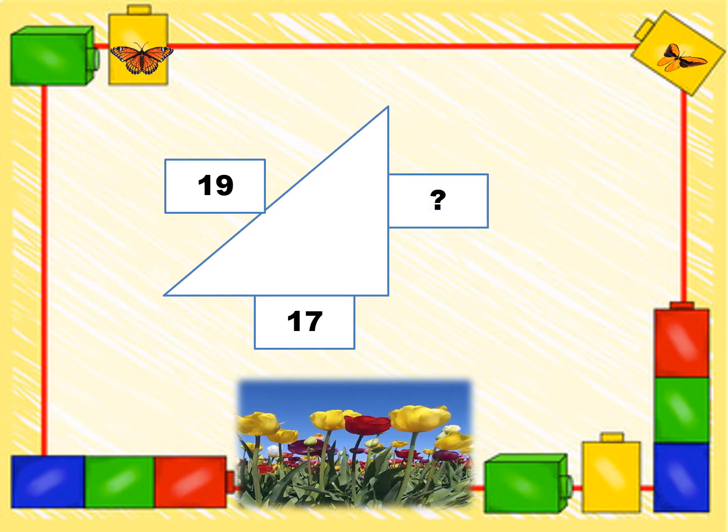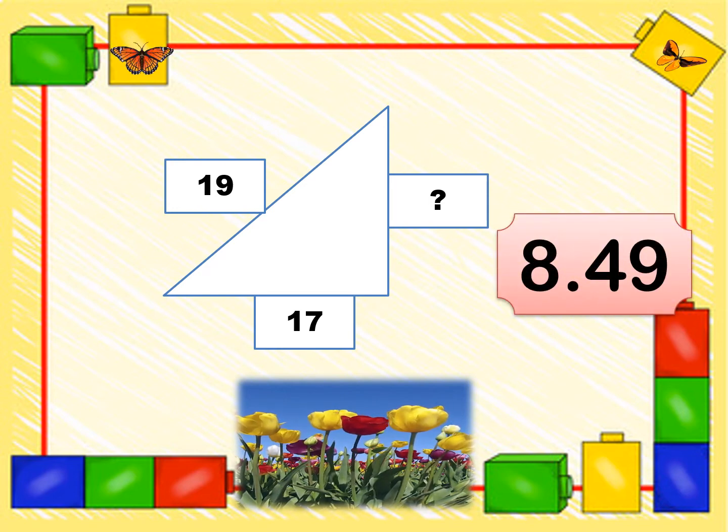And what is unknown? Either a or b, so you can use the a or b formula. What is your answer? What's your guess? Here it is, 8.49.